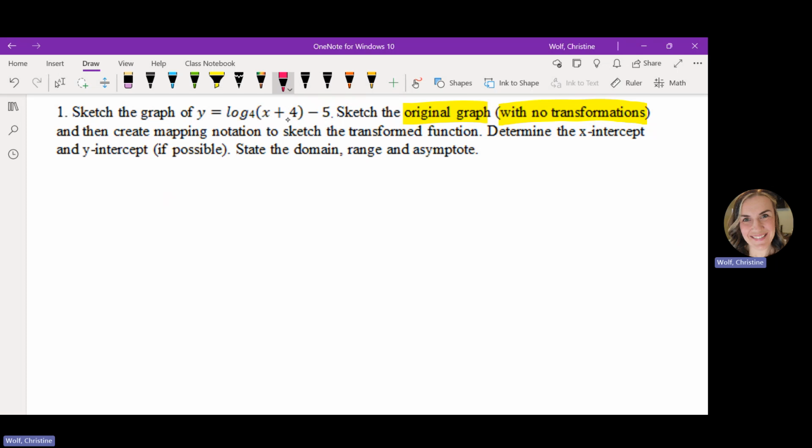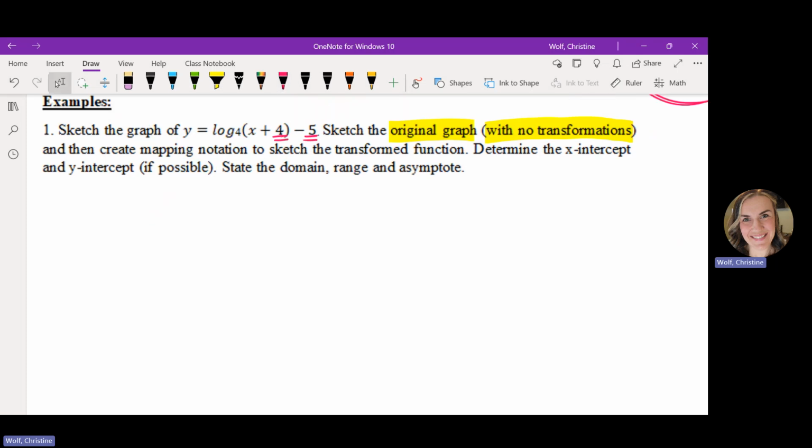Remember, a, b, h, and k are the transformations, and in this equation I've given you an h and a k. But first, we're going to draw it without any transformations. Then we're going to create mapping notation, and then we're going to sketch the transformed function.